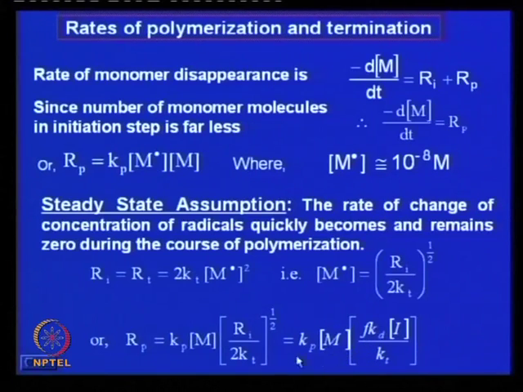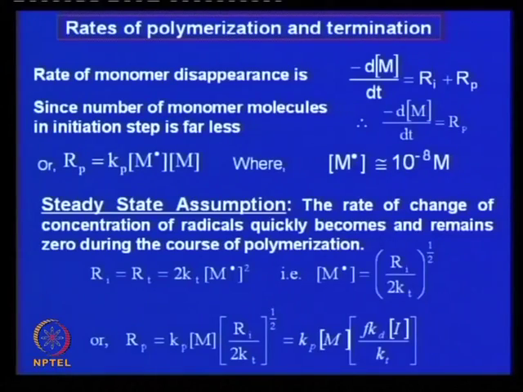So, this is the overall rate of propagation, overall rate of polymerization. You should not forget this thing. So, R_p is equal to rate constant into the monomer concentration term into efficiency factor into rate of decomposition of the initiator into initiator concentration divided by termination rate constant.